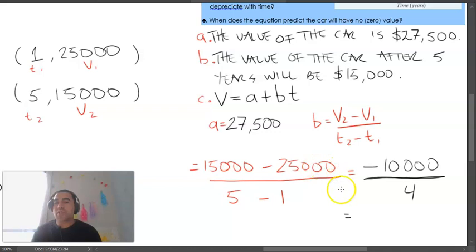How many 4s go into 10,000? That is, or negative 10,000 rather. That is negative 2,500. So as the years go by, this car's price is depreciating or going down by 2,500, and that's what that little negative means. It's going down in price.